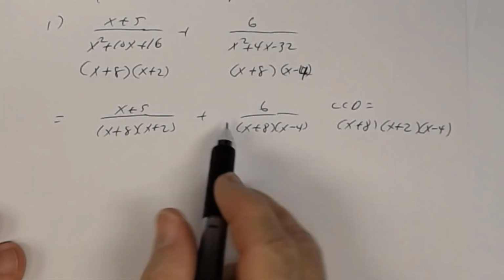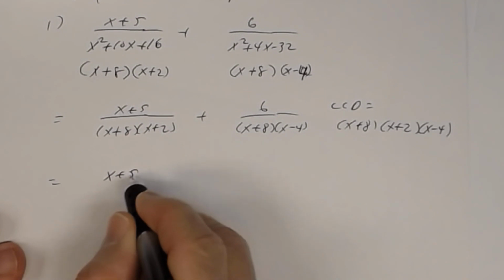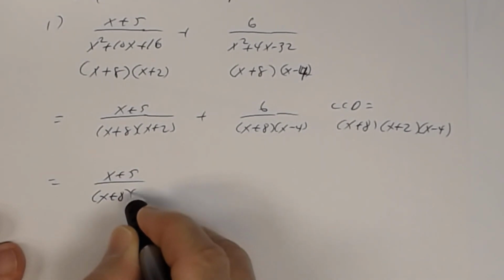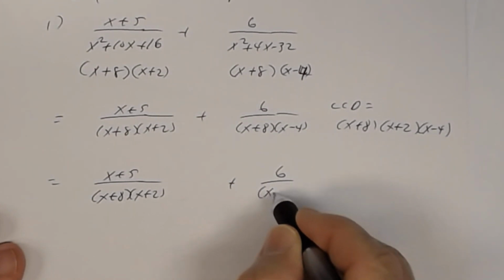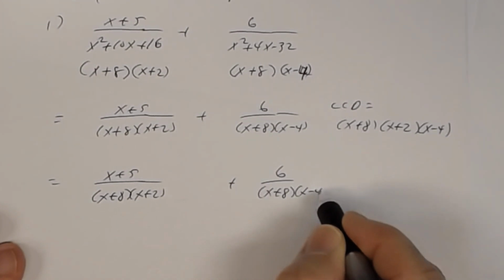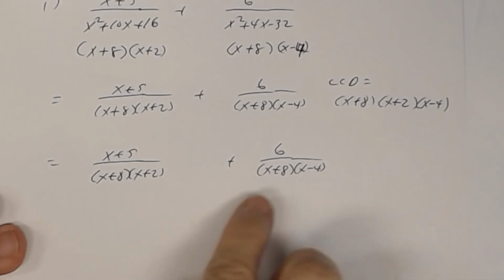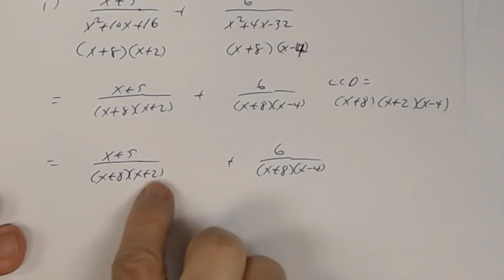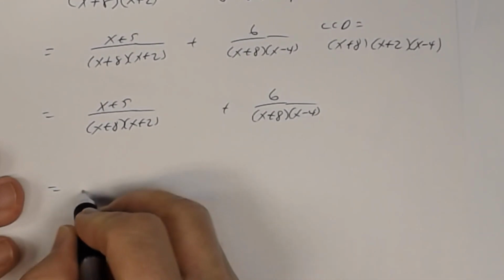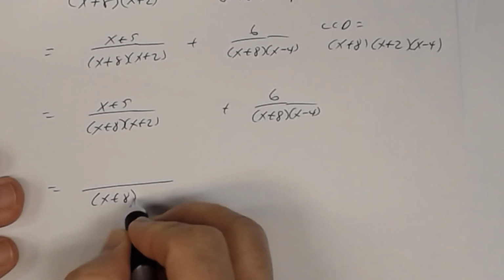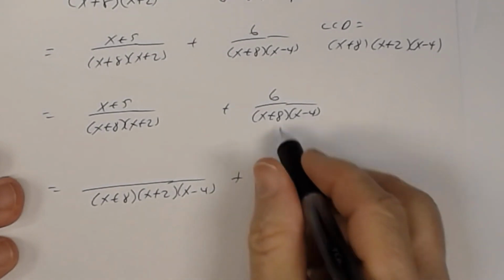Now I'm going to rewrite this, leaving some space. x plus 5 divided by x plus 8 times x plus 2, leave some space, plus 6 divided by x plus 8 times x minus 4. Remember, you still cannot add these because they don't have the same denominator. So now you're going to write equivalent fractions with the least common denominator: x plus 8, x plus 2, x minus 4, and the same thing here.